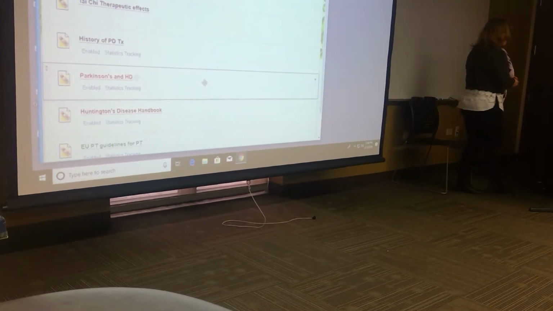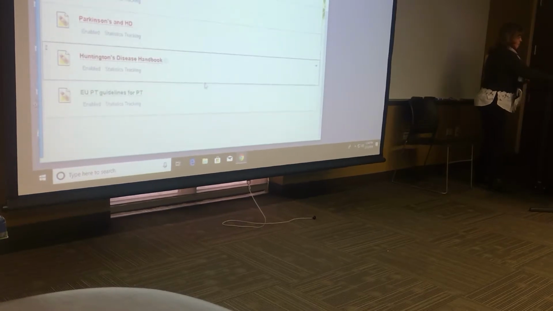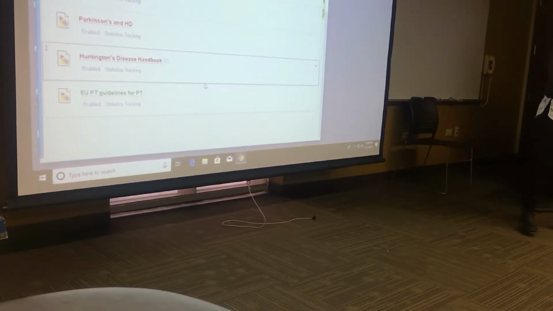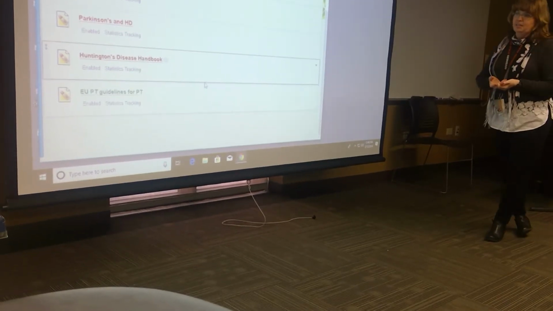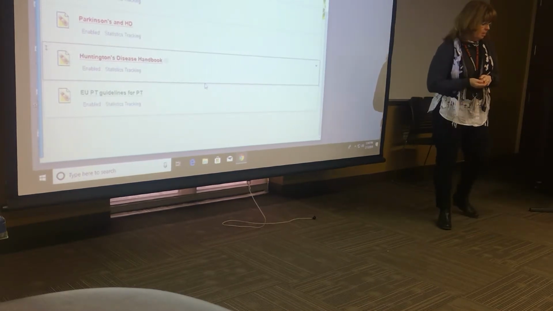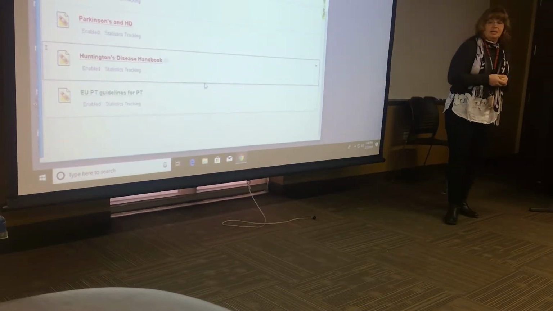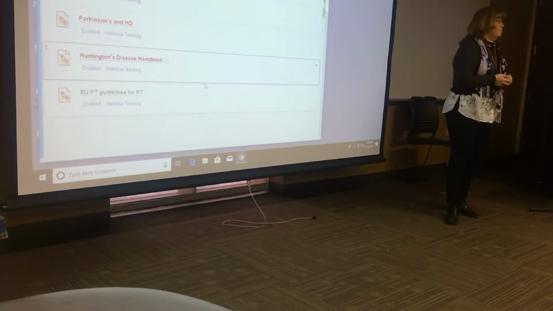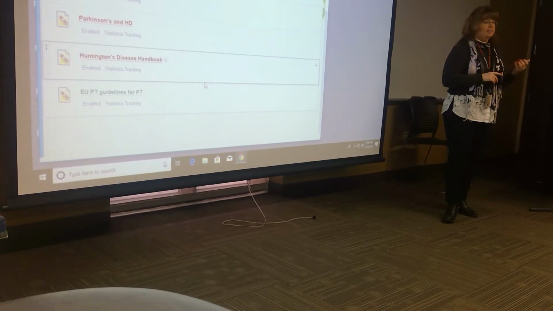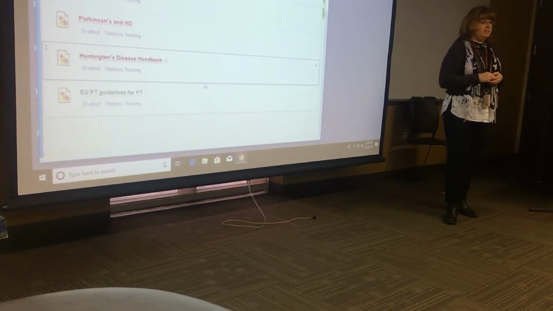The other thing, when I looked at this lecture to see if there is something that I need to update, I went to the neuro section of APTA, and I wanted to see what the clinical practice guidelines were from the neuro section for Parkinson's as well as if they had anything on Huntington's.